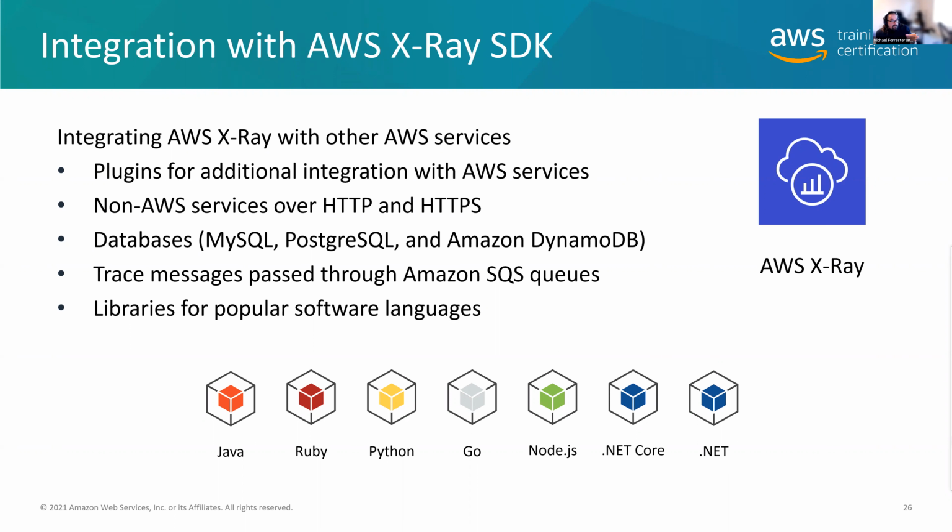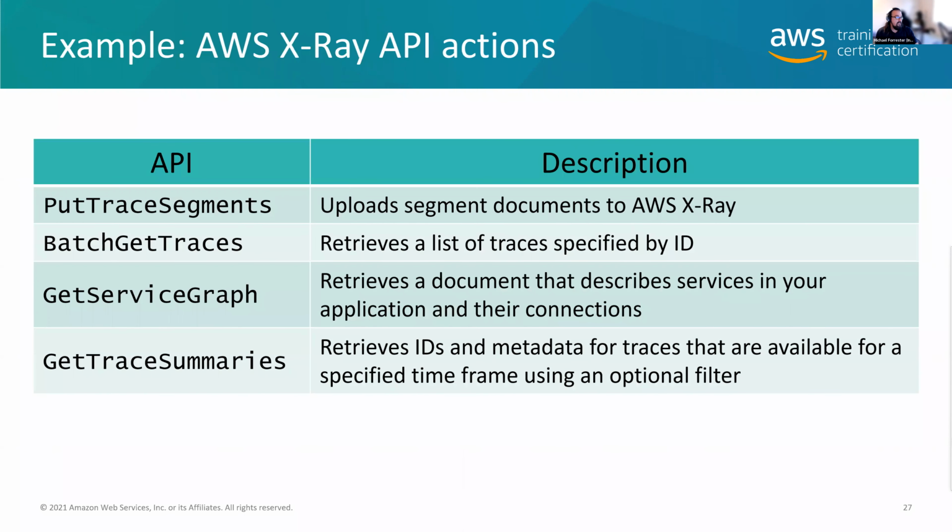Notice that pretty much everything listed there has the general SDKs. And you can do things with X-Ray, like for example, put trace segments, get batch traces, get a graph if you want to. You can get summaries of traces, so you can see what traces are available for your application.